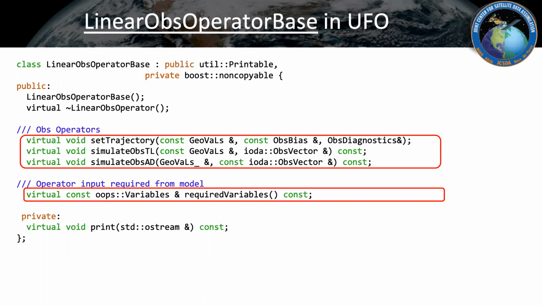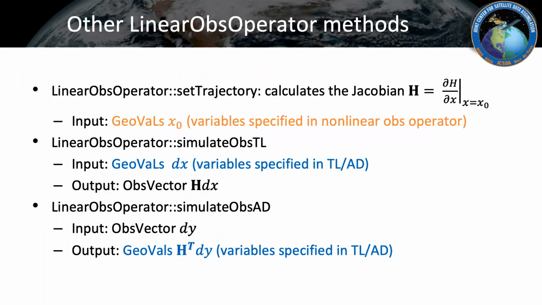In a linear obs operator, we have methods that implement trajectories and calculate the tangent linear and adjoints of our observables. Basically that means that we can calculate Jacobians and we can perform work on increments. So we have three functions here: set trajectory to calculate the Jacobian, simulate tangent linear obs, and simulate obs adjoint.